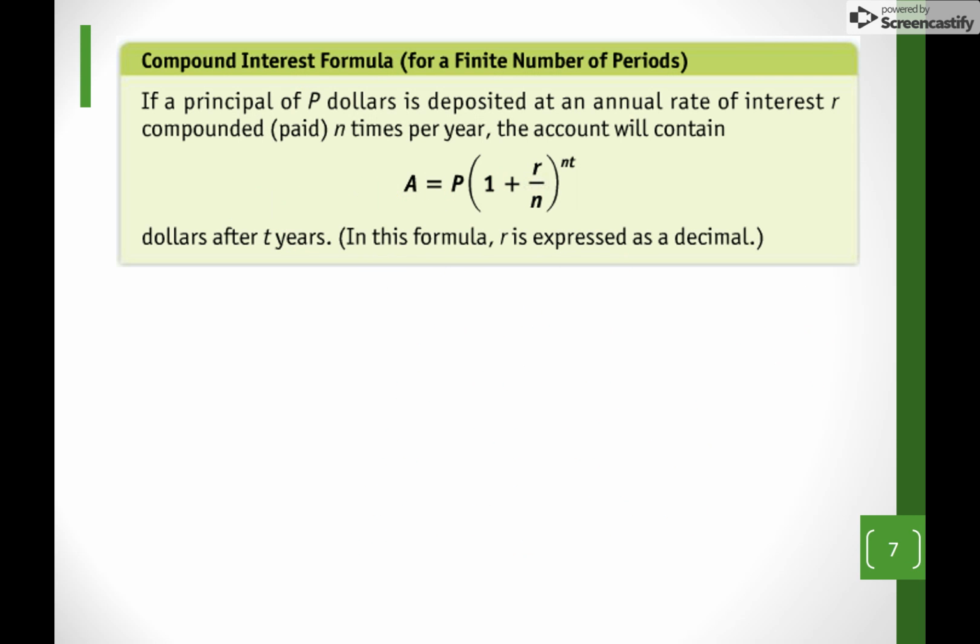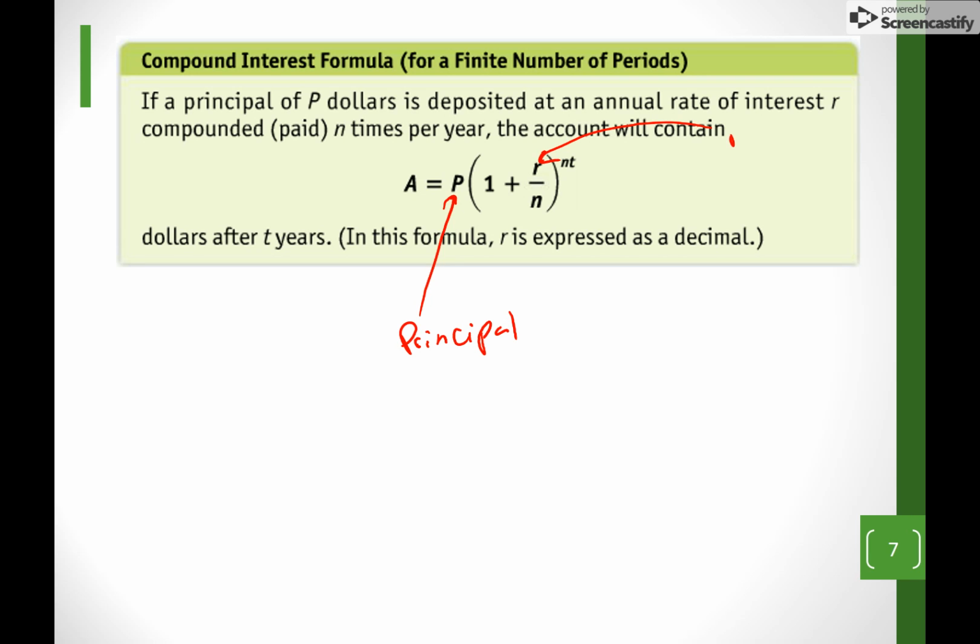Now we're going to be looking at compound interest. This is in class, I'm going to talk about how it is used, or when is it used. So I'm going to give you guys a formula. It's going to be A equals P. P is just for the principal, how much money we deposit, how much money we start. So this is principal.